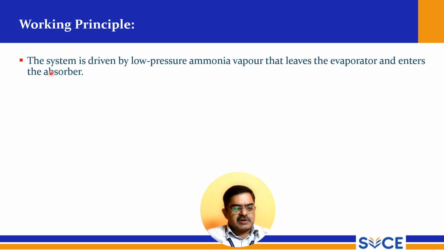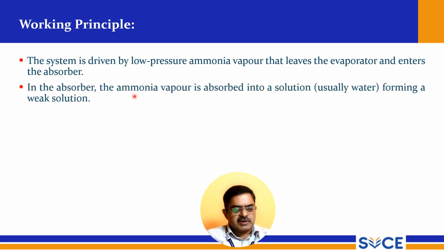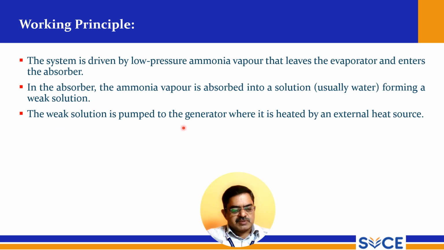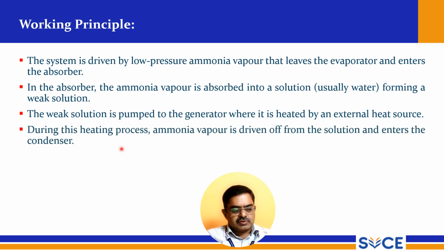So the working principle: the system is driven by low pressure ammonia vapor that leaves the evaporator and then enters the absorber. In the absorber, the ammonia vapor is absorbed into a solution, usually water, forming a weak solution. The weak solution is pumped to the generator where it is heated by an external heat source. During this heating process, ammonia vapor is driven off from the solution and enters the condenser.